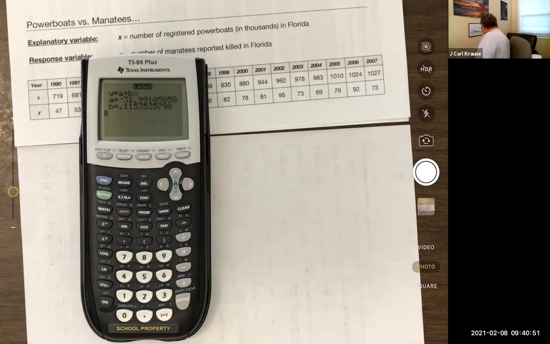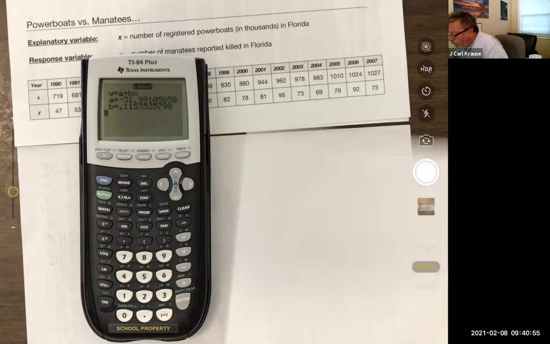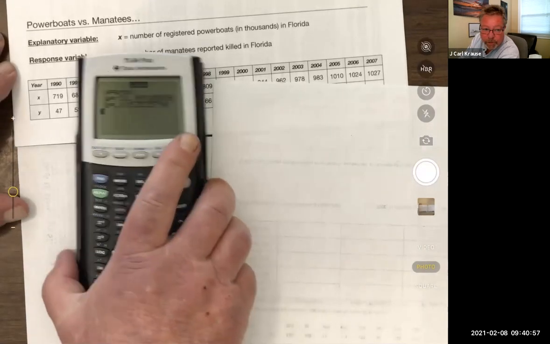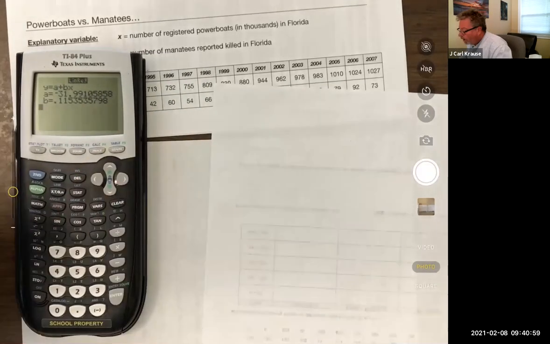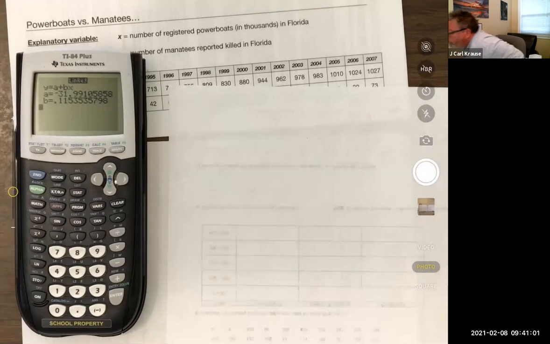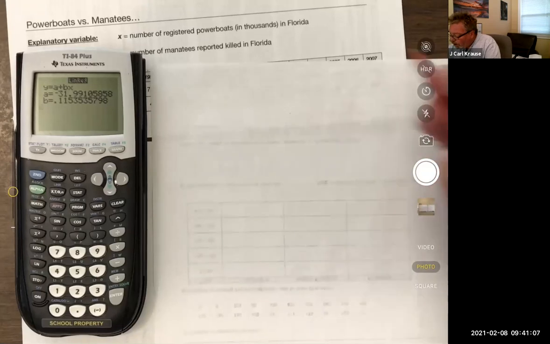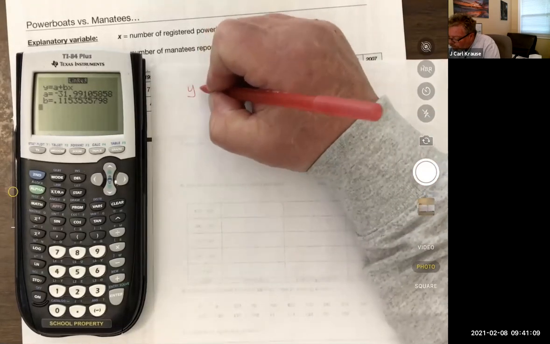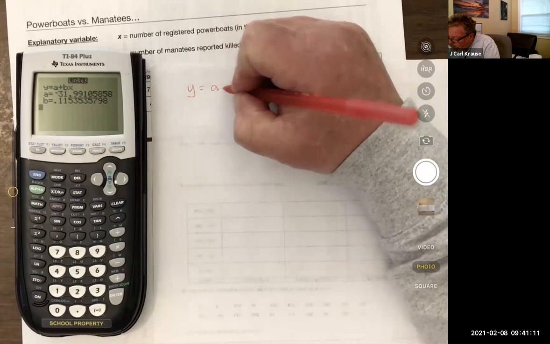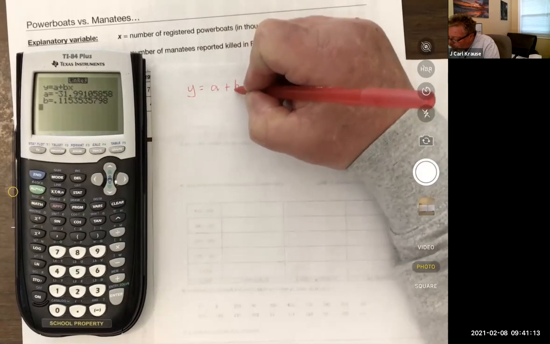Let me grab a piece of scratch paper to use here. Let me slide this over a little bit, and let me write here. So the form of the equation that we're using here is y is equal to a plus bx.